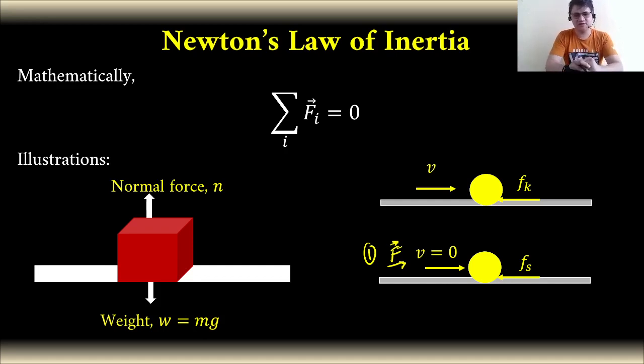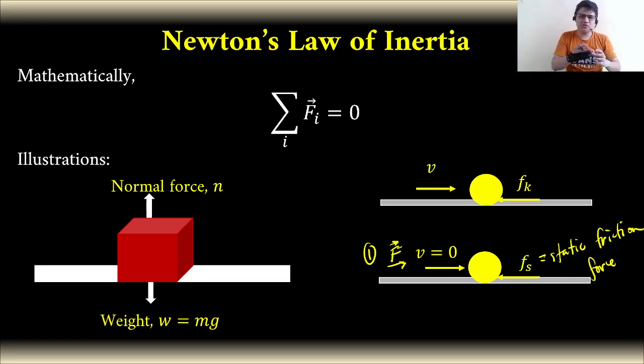As we know by definition, a friction force is a force that opposes the motion or the attempted motion. However, since the box is still not moving and it is only about to move, this friction force is what we call the static friction force.